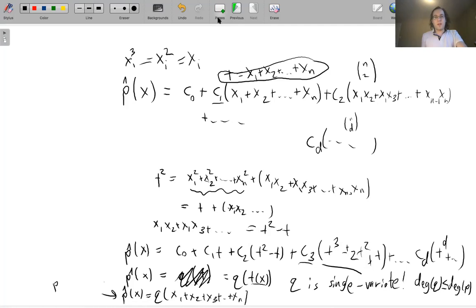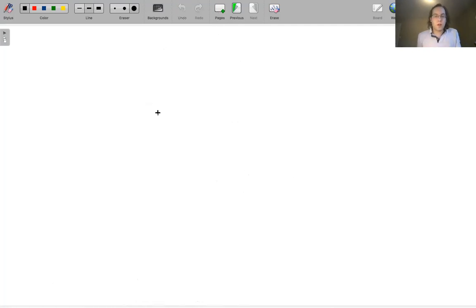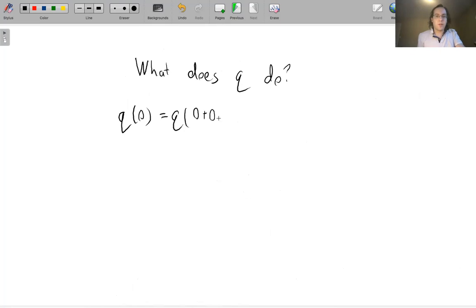Okay, and if we think of what Q does, we know that Q of 0 is equal to Q of 0 plus 0 plus so on, which is equal to P hat of the zero string, which is approximately equal to parity.